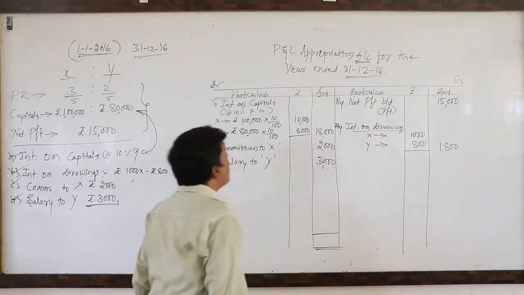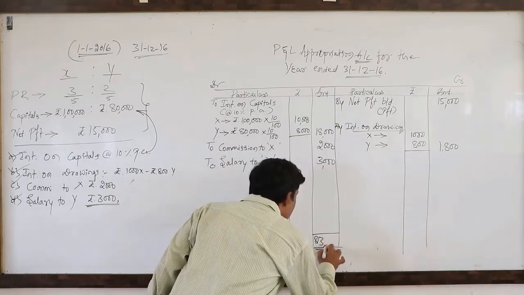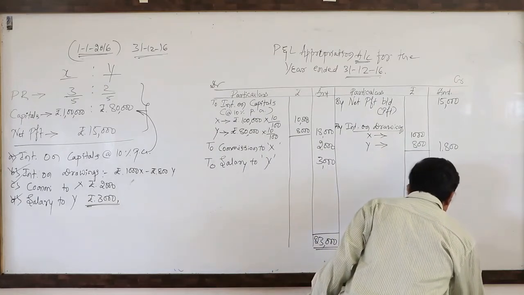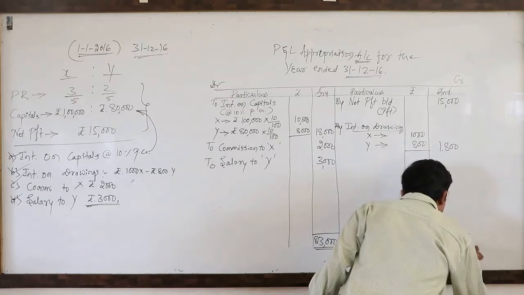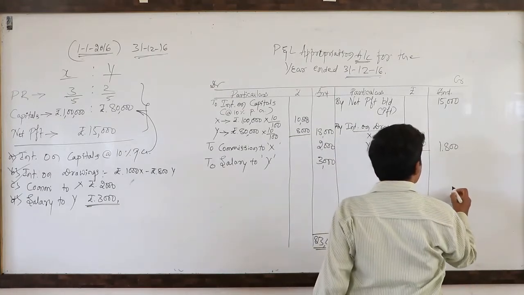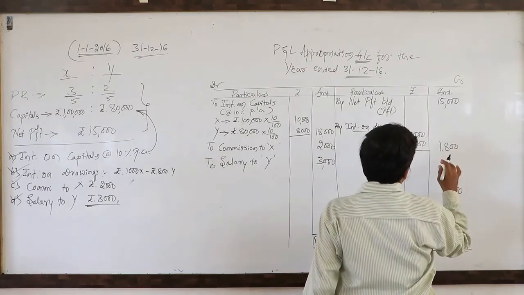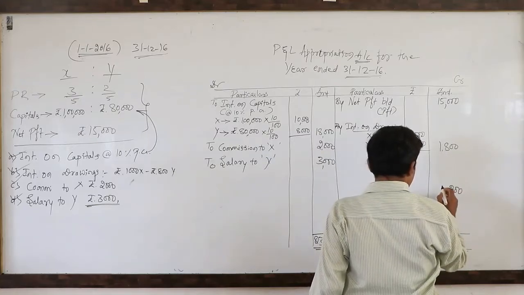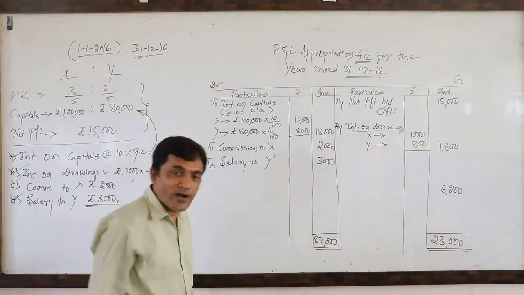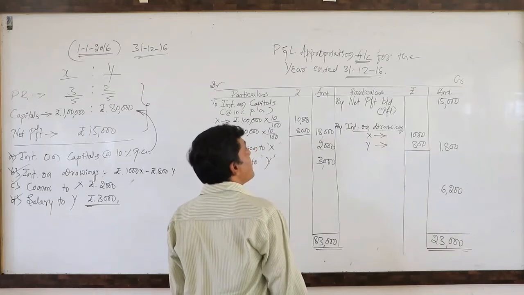The total of debit side is 23,000. From this total we have to deduct these two. So 800 plus 200, 1,000. Exactly 6,200. So this is the debit balance. So debit balance indicates the loss.